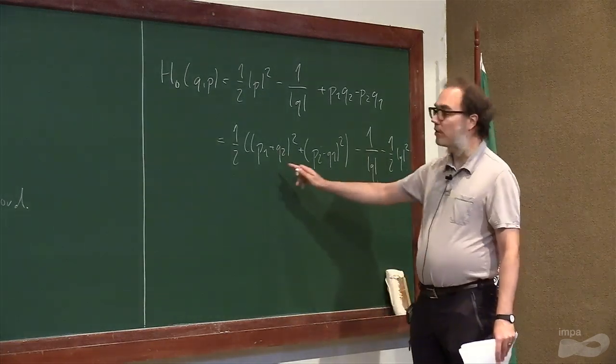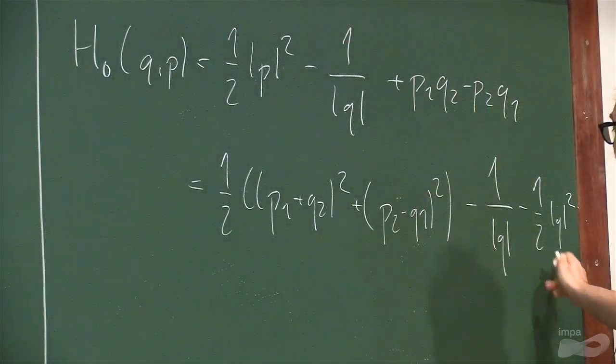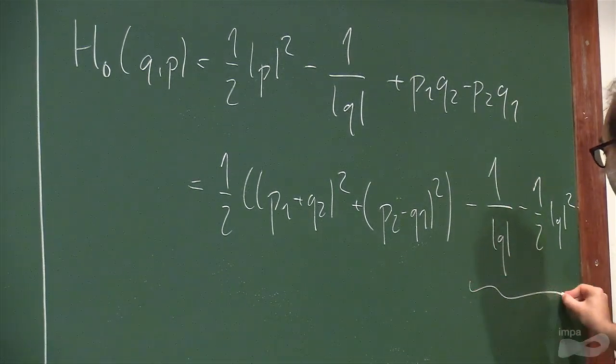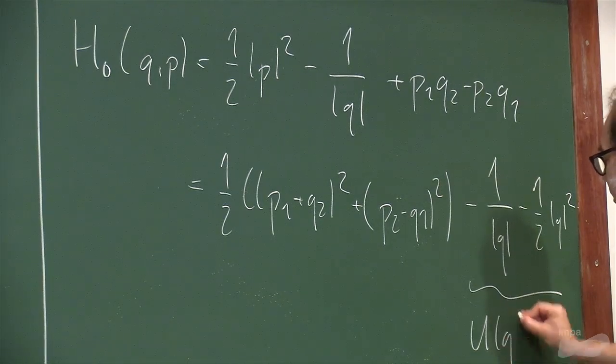So we still have Coriolis force and centrifugal force and just the gravitational potential of the Sun. So this is our U(q).